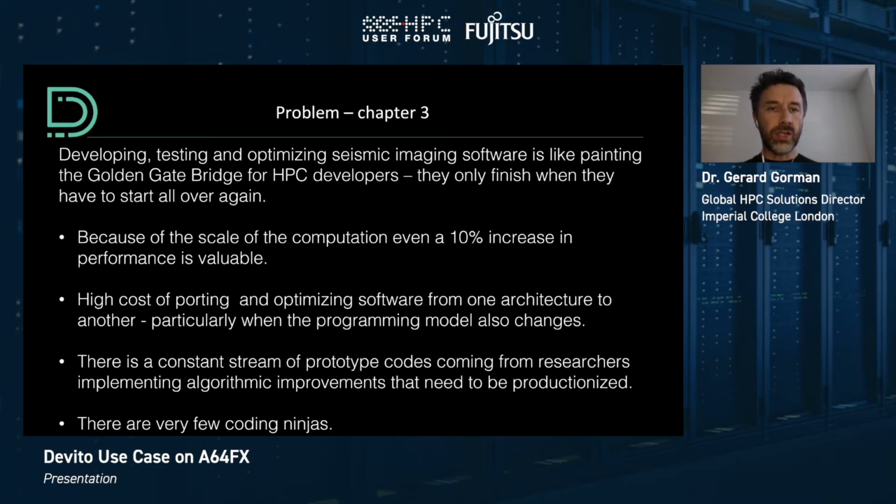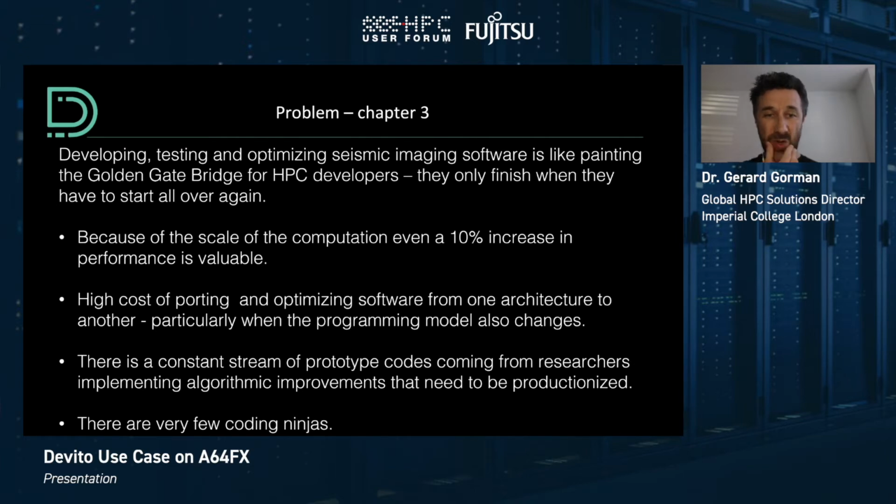And then, as I mentioned earlier, people are constantly making algorithmic innovations to get better solutions. So there's this constant stream of prototype code coming from the researchers, and these need to be productionized by the HPC experts, who focus on production software and production standards that are also optimized for different flavors of HPC.